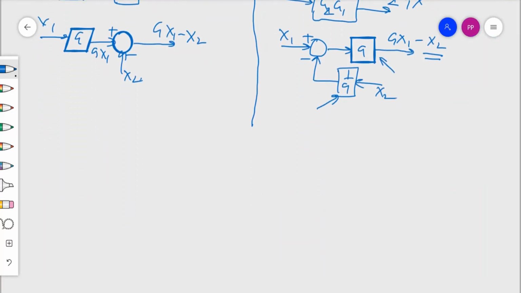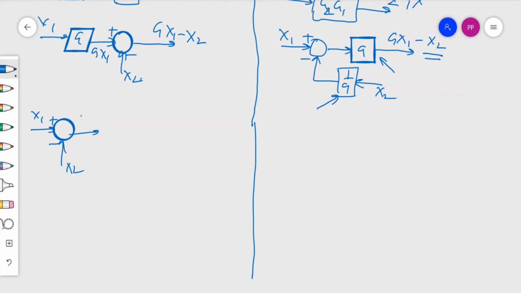Next example: suppose I have x1 entering a summing point and x2 entering the same summing point but with a different sign. So we have x1 minus x2, and this is entering the block G. So we have G multiplied by x1 minus x2.